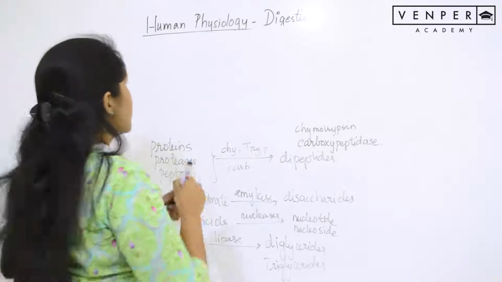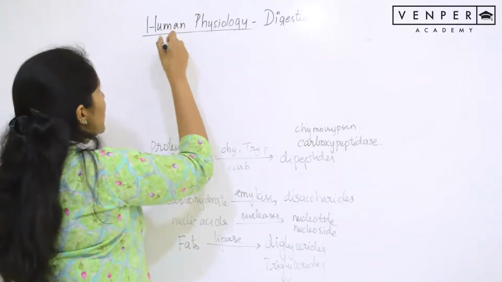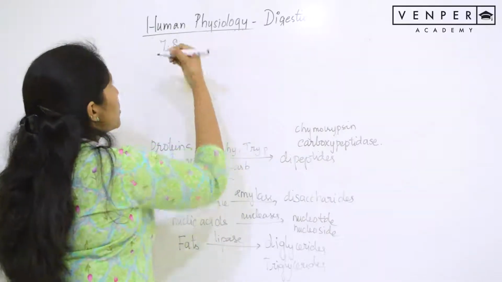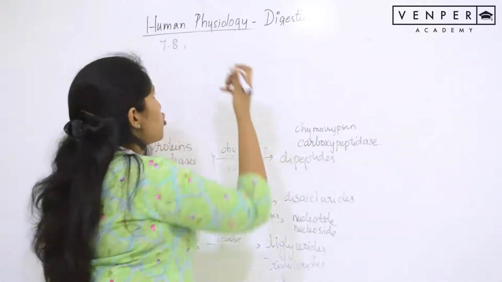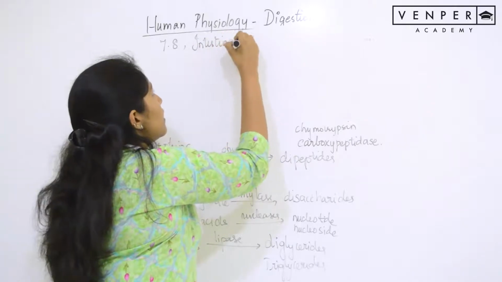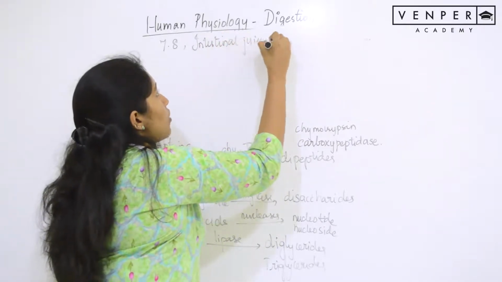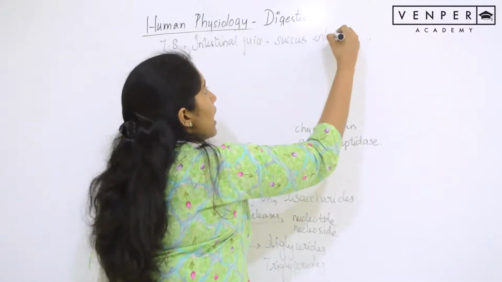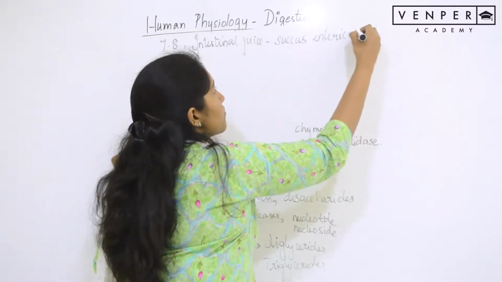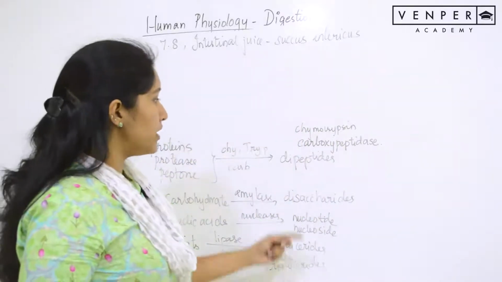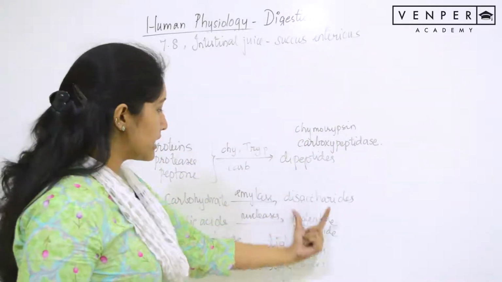So in deeper regions, the pH increases to as high as 7.8. So here the intestinal juice, also called the succus entericus, has lots of components which help in digesting these.